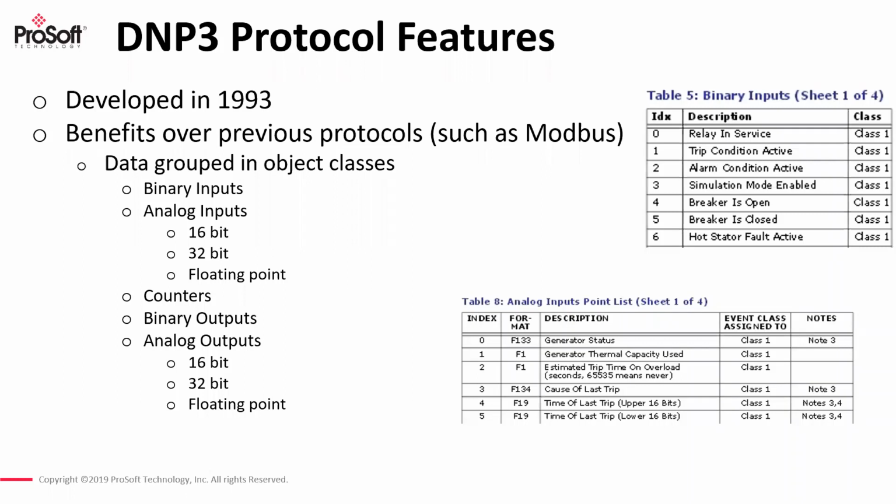The standard actually came up with a method of grouping data. However, it still wasn't very descriptive to an operator. You would have something like binary input index 0 was the relay in service, or trip condition active was index 1.